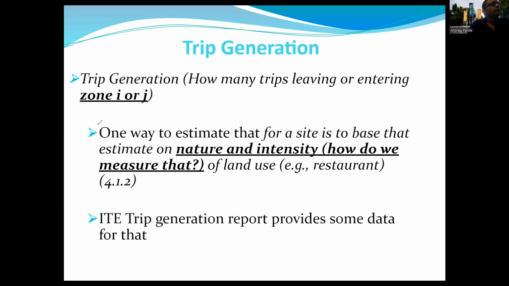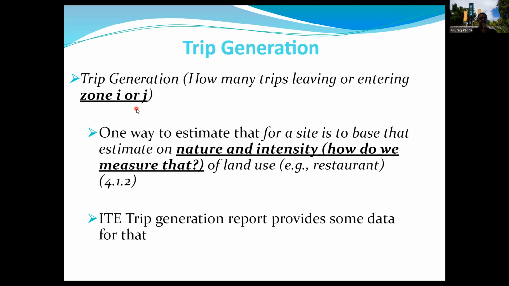Now, I say here the zone I or zone J, but in a lot of cases, this is not something we always do. Sometimes the trip generation is also based on the nature and intensity of the land use.